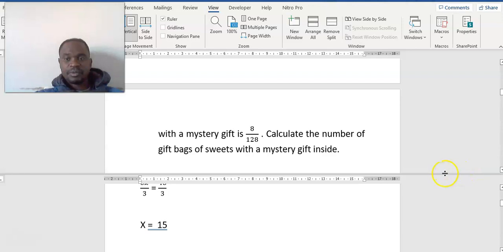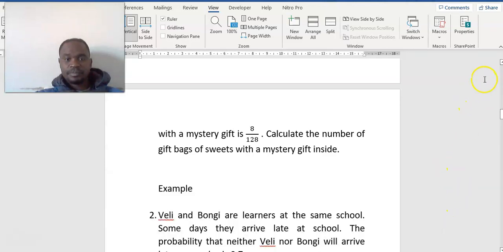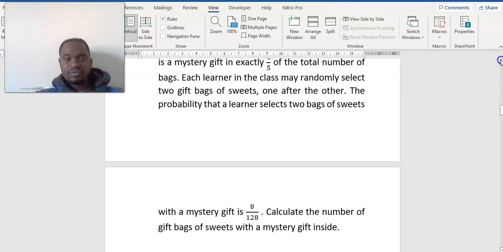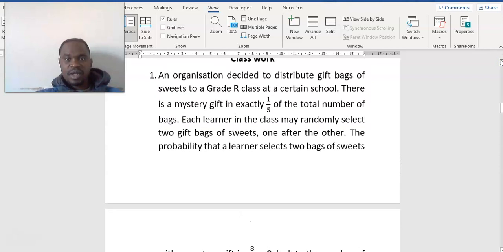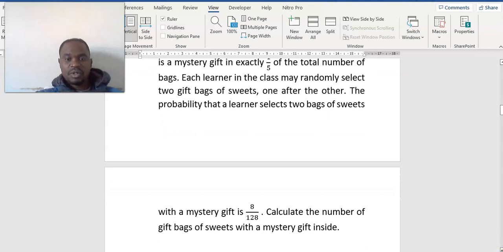Copy this. You pause the video, you copy, then you continue up to this side. So this is your classwork. I hope you are fine.